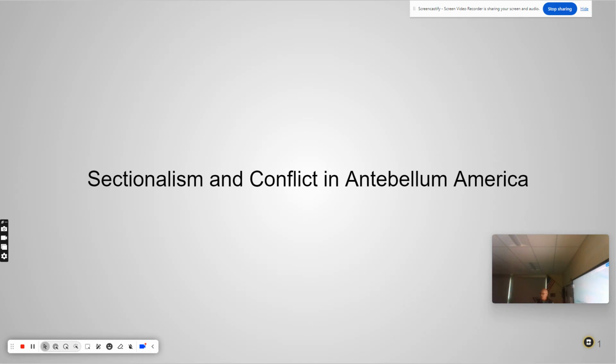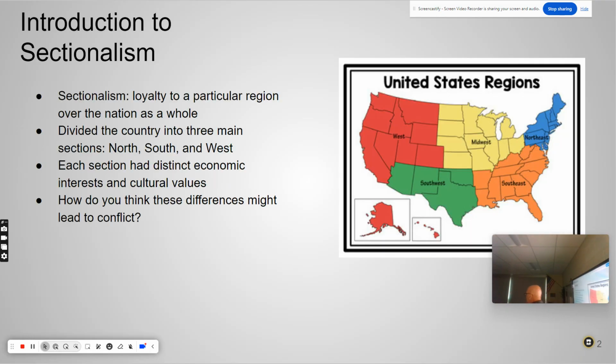Each section is going to develop the idea that it should be the most prominent. We are the United States in 1820, but united, I would say, in name only. Most people identified primarily with their region or their state. Is everybody clear on that?